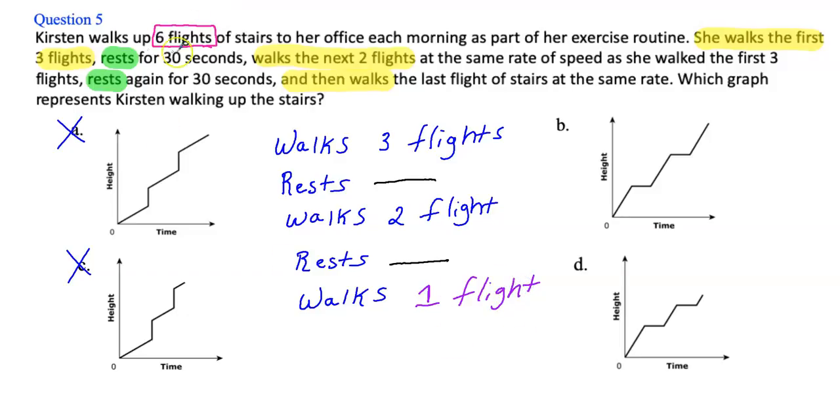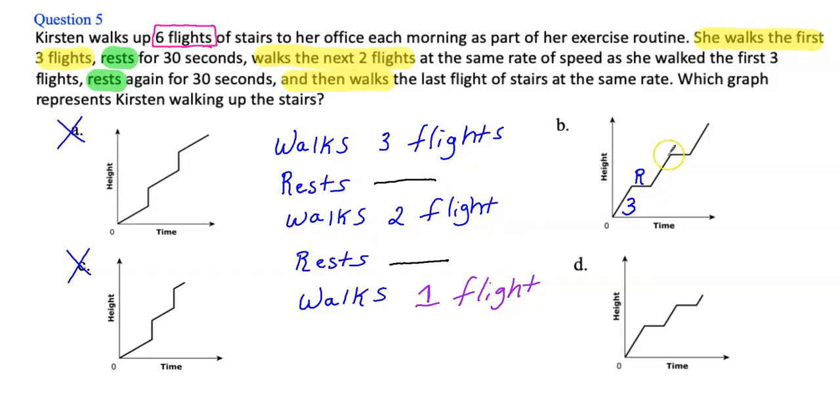Because she walked a total of 6 flights, and 3 flights plus 2 flights plus 1 flight is a total of 6 flights. Now I'm going to write this information in on the graph right here. So for B, she walked 3 flights. I'll just put a 3 for 3 flights. Then she rests. That's right here. I'll put an R for rests. Then she walked 2 flights.